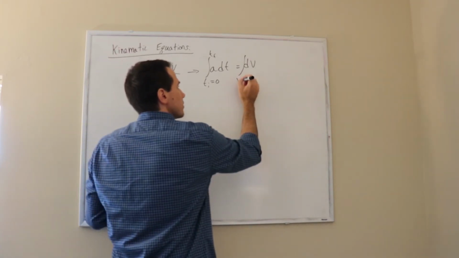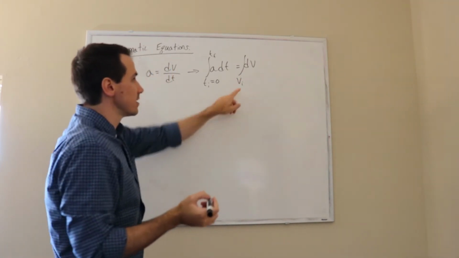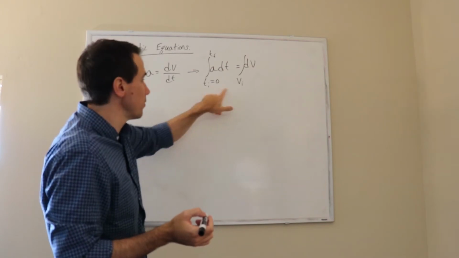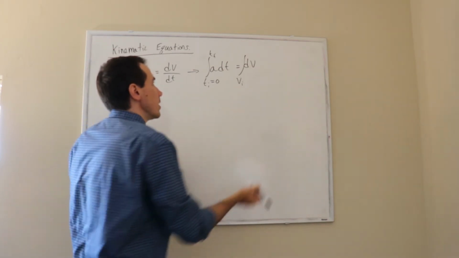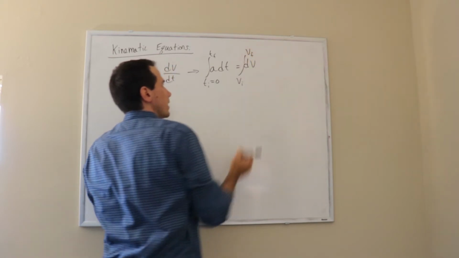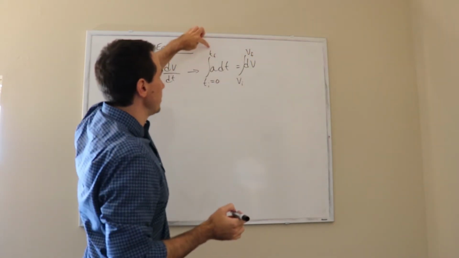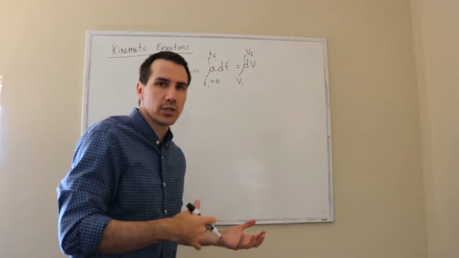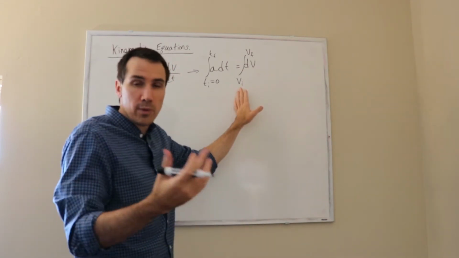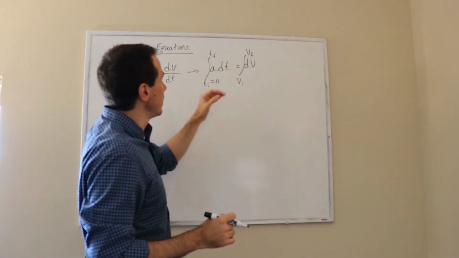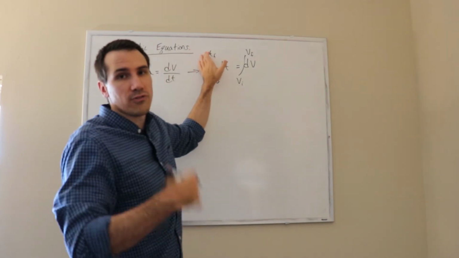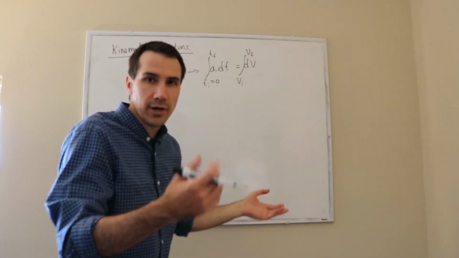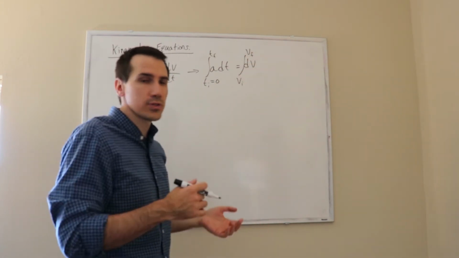So I'm going to integrate from some v initial, that is the velocity at time t initial equals 0, to some v final, whereby v final happens at time t final. So it could be that I start my stopwatch and I'm moving at 3 meters per second, and then I stop my stopwatch 5 seconds later, and 5 seconds later I have some other velocity, 10 meters per second, say.